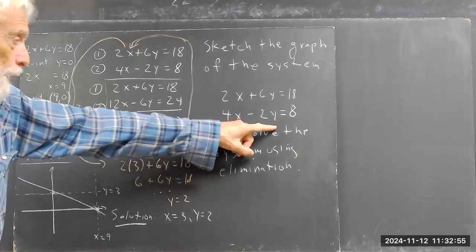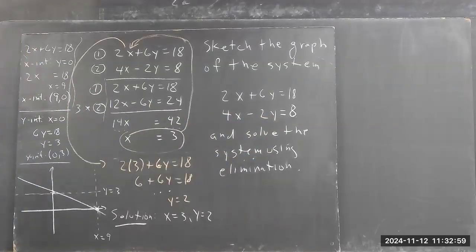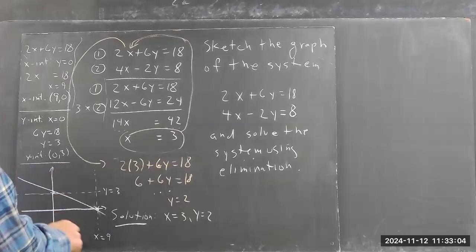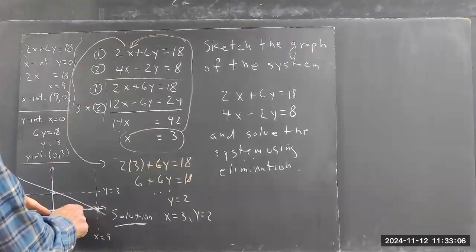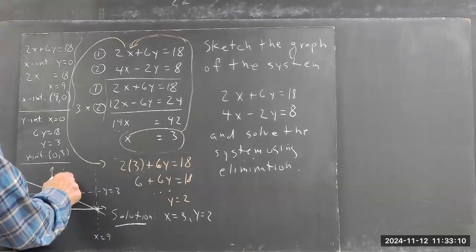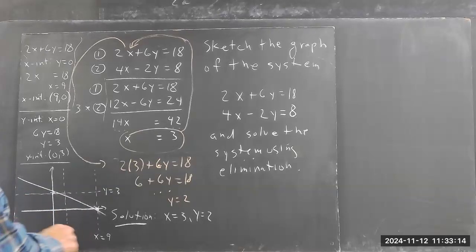Okay, so anyhow, back to here. If y is 0, 4x equals 8, so x equals 2. That means the x-intercept is at 2. 9 is here. Well, that would be like 4.5, so that might be 4. I'm going to say x equals 2 about here.